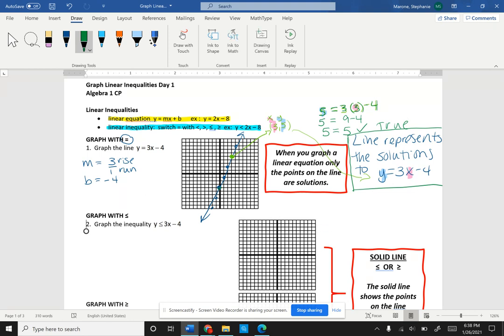Any point on that line, this point is 0, -4. You can either follow along. So if we put -4 in for y and 0 in for x, y, which is -4, is equal to 3 times 0 minus 4. -4 is equal to -4. If we pick any point on that line and we substitute x and y, we get a true statement.